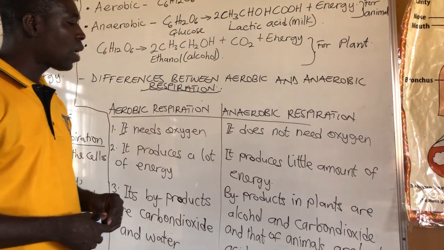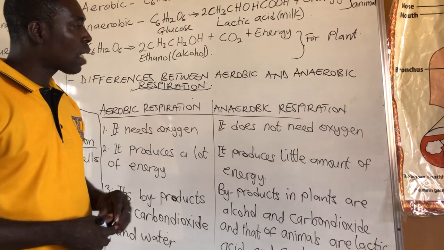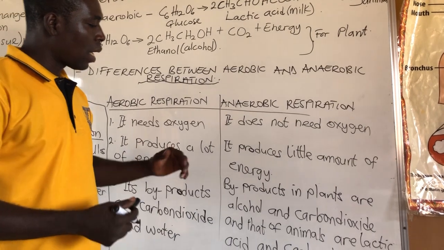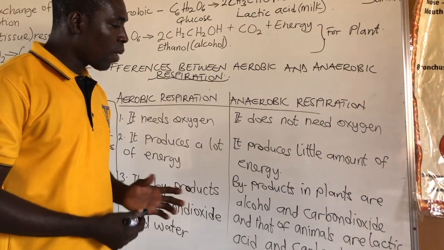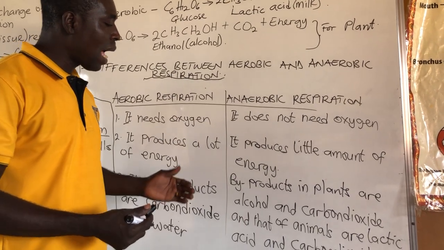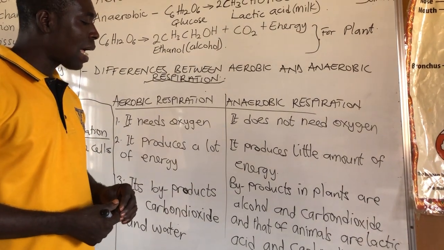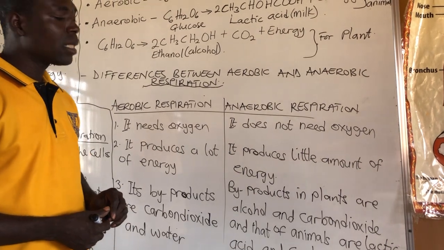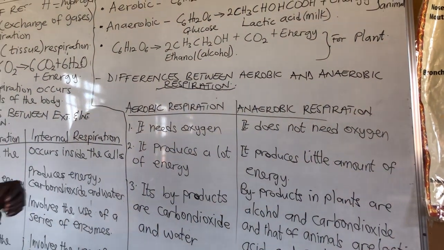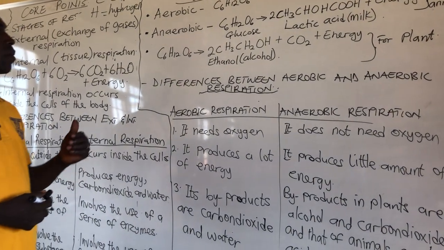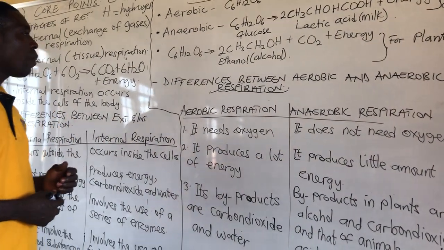These are the byproducts of anaerobic respiration. We have alcohol or ethanol in plants, and lactic acid and carbon dioxide in animals. So these are the differences between aerobic and anaerobic respiration.